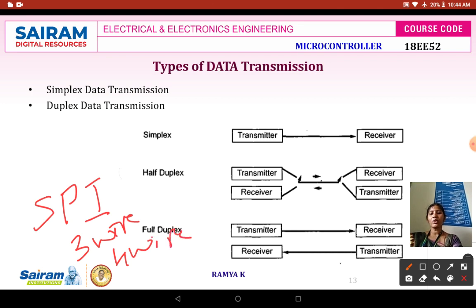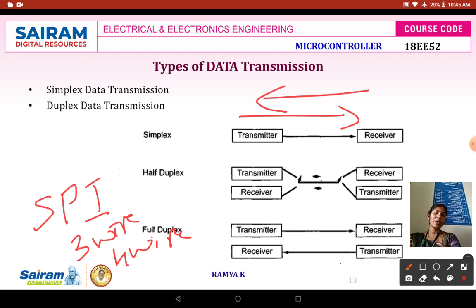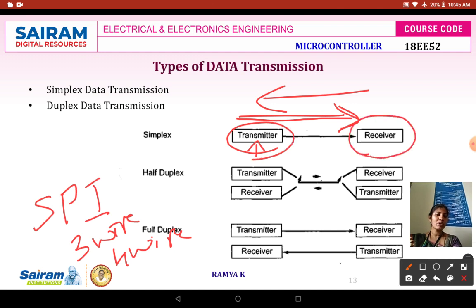Suppose you wanted to transmit data from your transmitting end to the receiving end, or from your receiving end to the transmitting end, and vice versa, the third wire is used for the clock pulse. One wire is to transmit the data from your master end to your slave end. If the initial point is this one, this is going to be your master end and this is going to be your slave end.